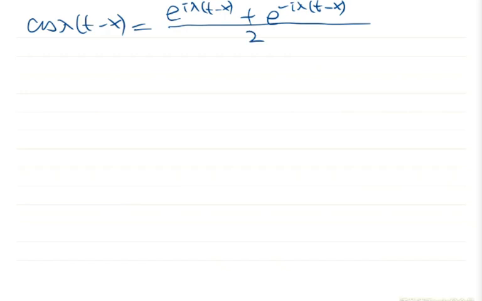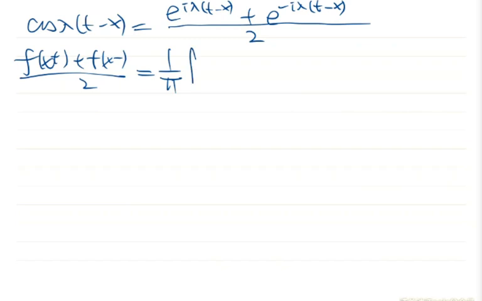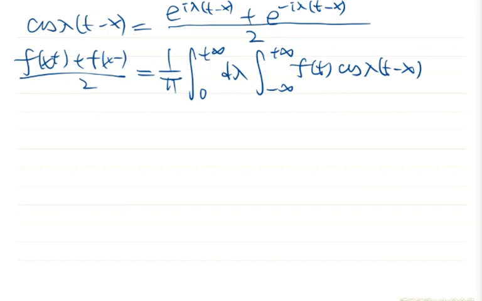So we have f(x plus) plus f(x minus), by the Fourier integral theorem, that is, the integral from 0 to infinity d lambda of the integral from minus infinity to positive infinity f(t) cosine lambda(t minus x) dt.